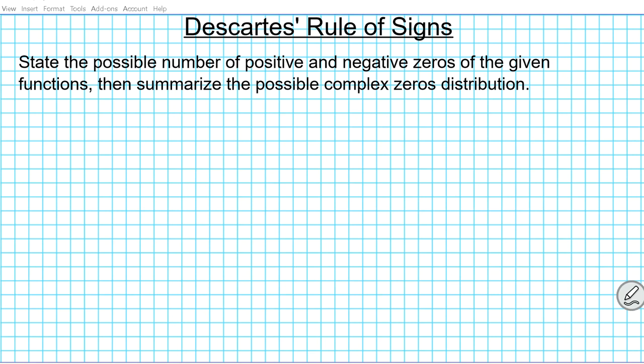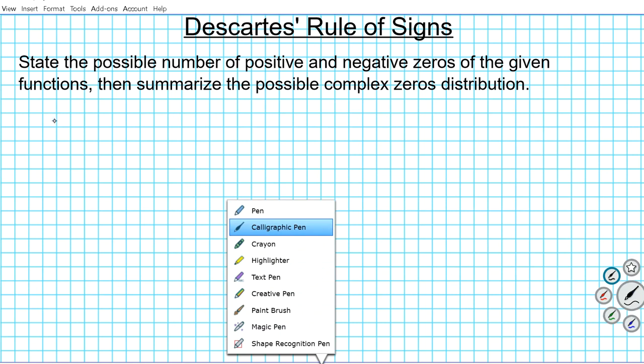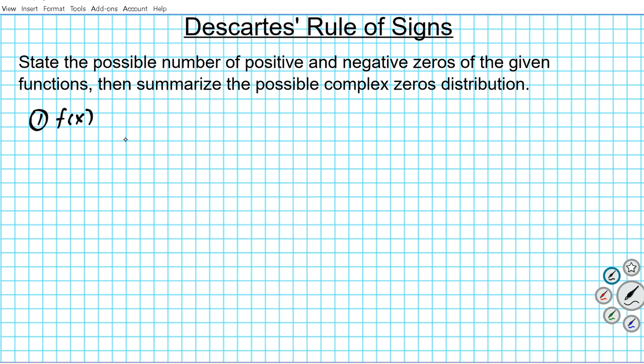Okay, so for problem number 1, let's say we have the given polynomial f of x equals 2x to the 5th power plus 3x to the 3rd minus 3x to the 2nd plus 5x minus 1. Okay, so this is the quintic polynomial that was presented at the opening of this presentation.